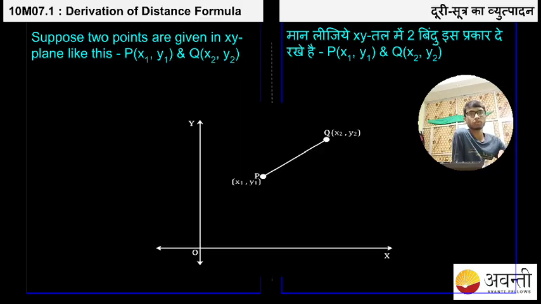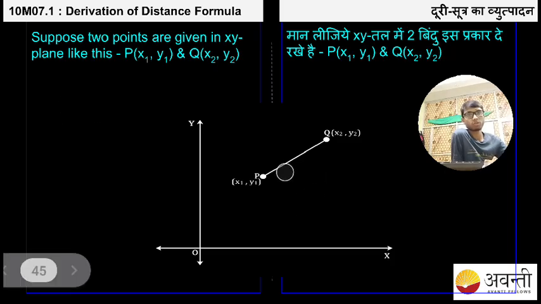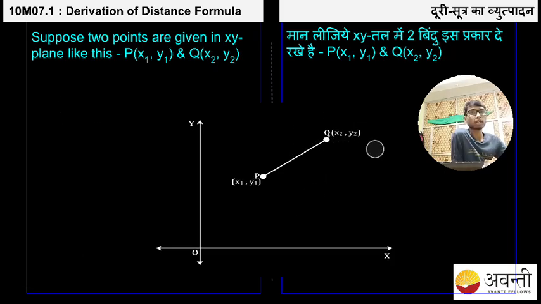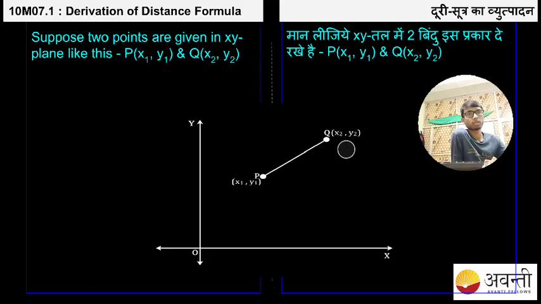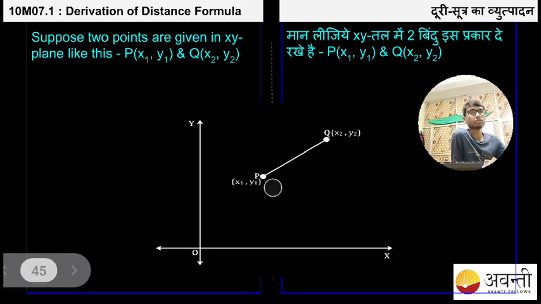Now next, derivation of the distance formula. Here we have two coordinates, as you can see, this one and this one. At one point you get one coordinate, and at the second point you get the next coordinate. In this we have x1 comma y1. In this we have x2 comma y2.